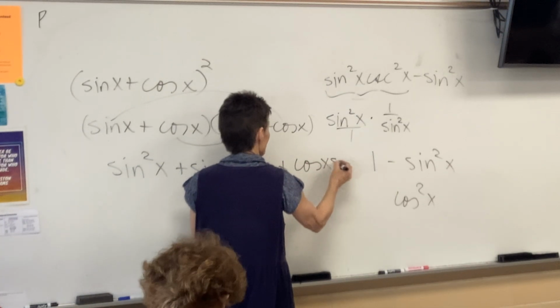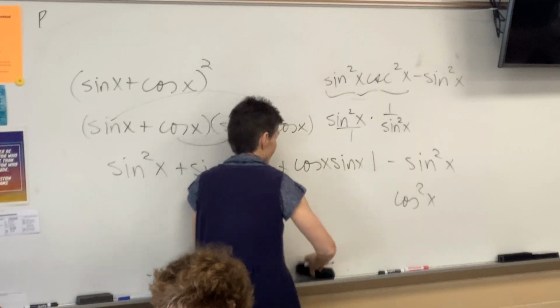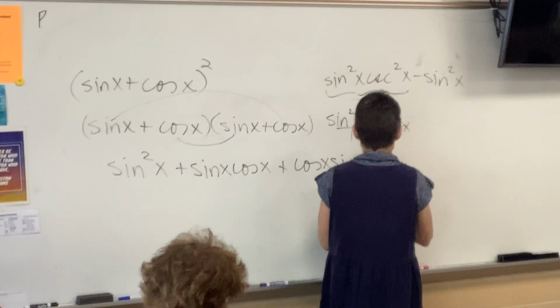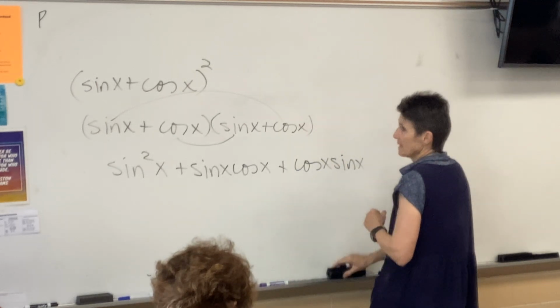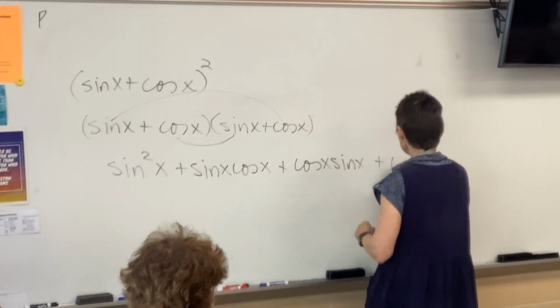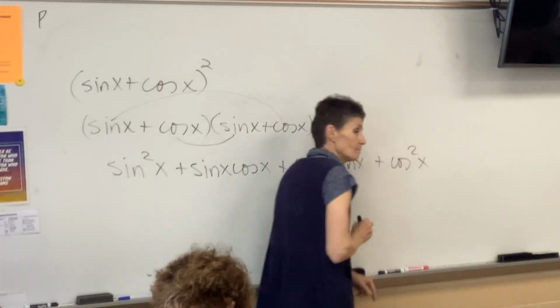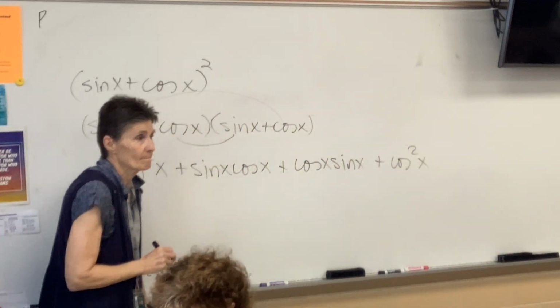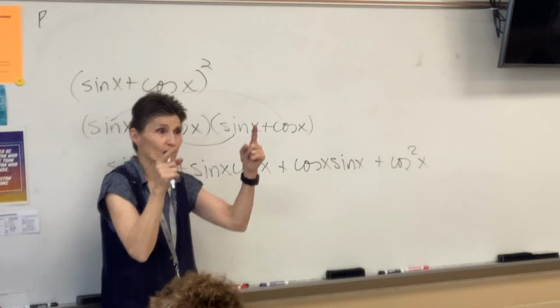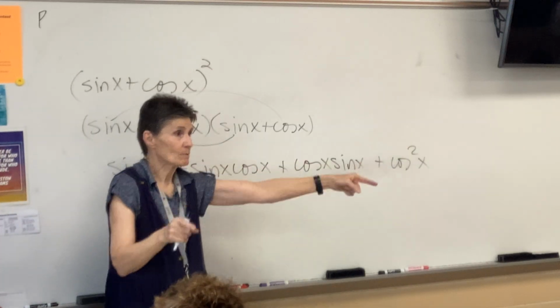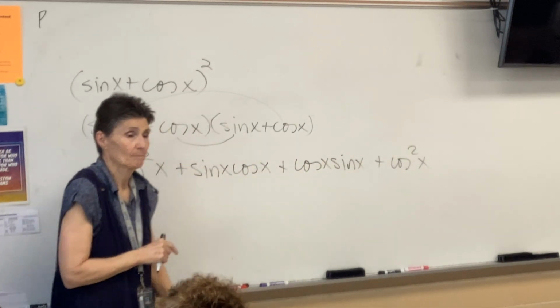Cosine times sine. And what's at the end? Cosine squared. Foiling is foiling just like regular: first times first, outsides, insides, last.